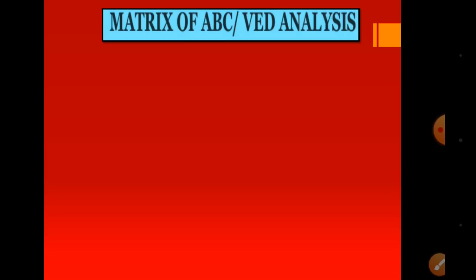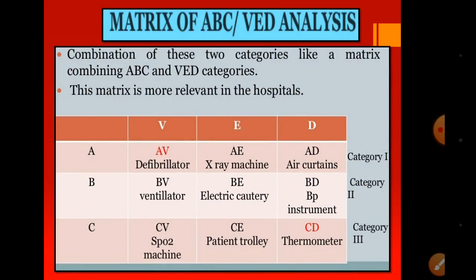Here is the matrix of ABC and VED analysis. It is a combination of these two categories, like a matrix combining ABC and VED categories. This matrix is more relevant in the hospital. There are 3 columns, VED, and 3 rows, ABC.